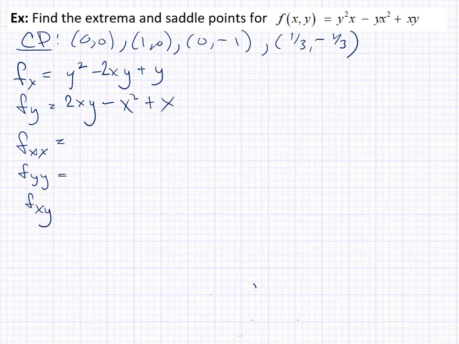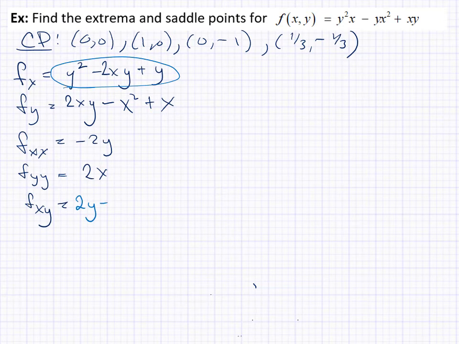So we look at each one of these, and we say, all right, well, what do we got? fxx will be simply minus 2y. fyy will be 2x. fxy, which is this, but now with respect to y, is going to be 2y minus 2x plus 1.